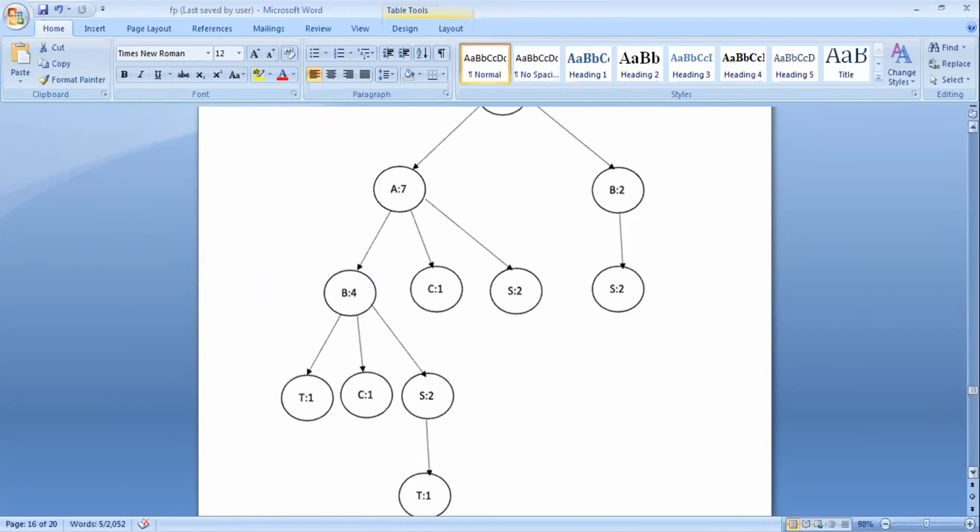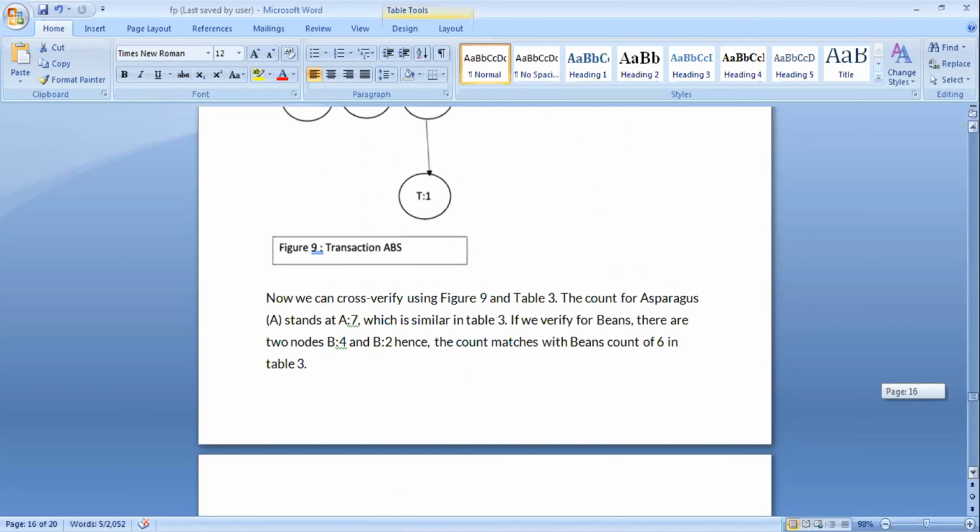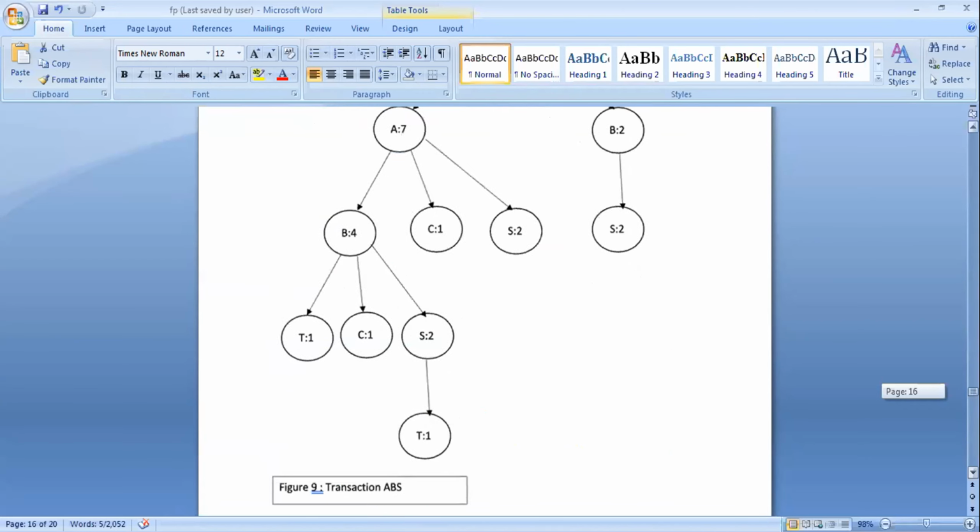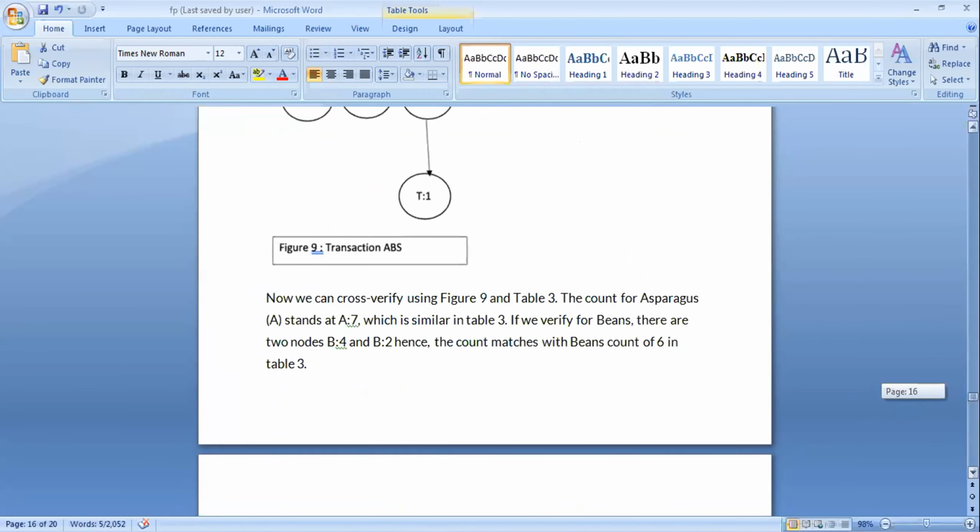So that is the table. A item you have to repeat 7 times, B item 6 times, S item is repeated 6 times, and C item is repeated 2 times and T item 2 times. This is finally how you construct the FP tree.